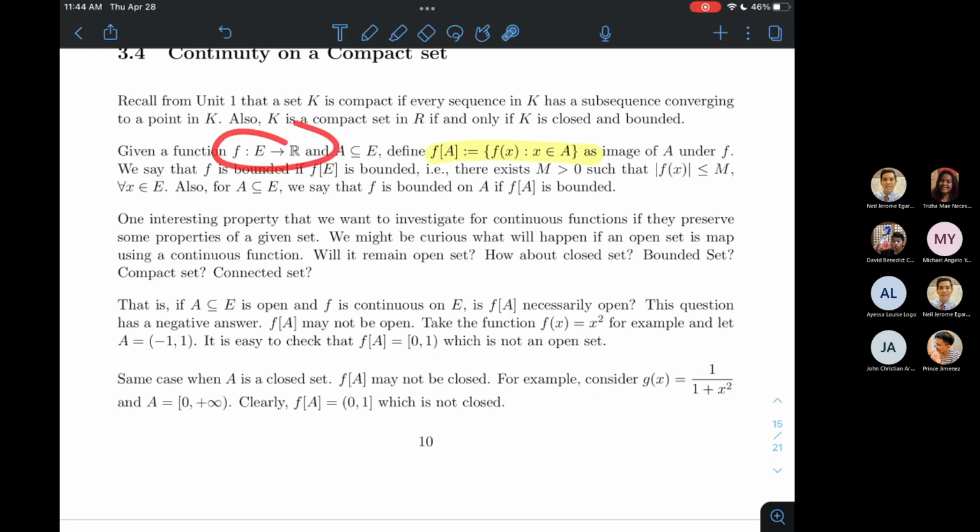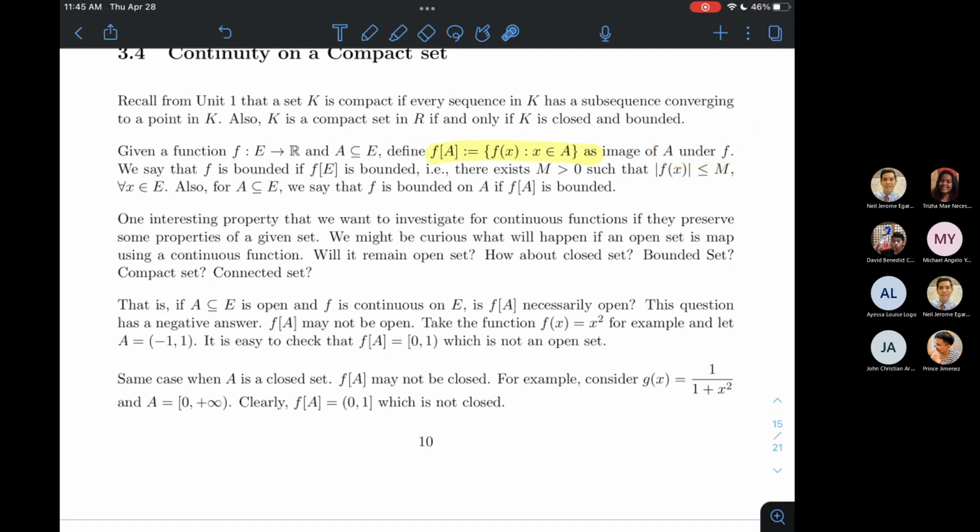So kung meron ko isang function f na ang domain ay set E papunta sa set of real numbers, and a set A is a subset of the domain, then f bracket A is our notation for the collection of all possible values of f of x for all x coming from the set A. So pag kinolekta mo yung function values ng mga miyembro ni capital A, ang tawag natin sa set na yon ay f bracket A, right? Or in other words, that's the image of A under f.